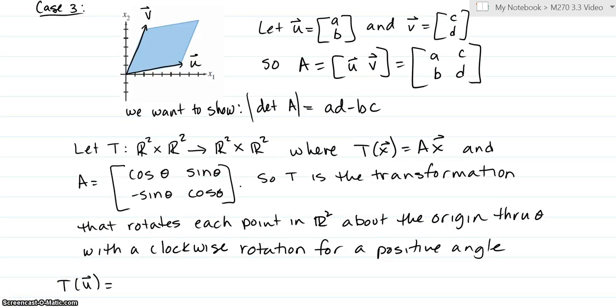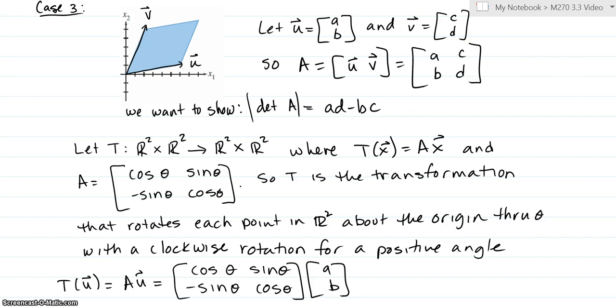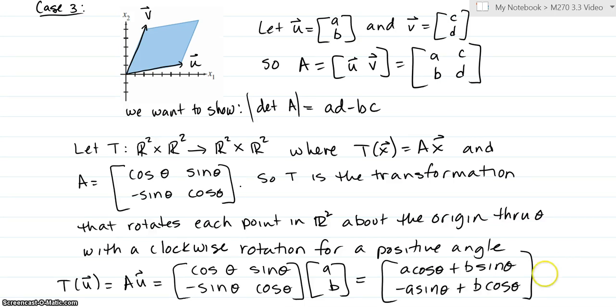So let's look at T of U, which we know is AU, which, by the way, A is this, and U was AB. And if you multiply that out, that would be equal. And let's call this U sub T, where U sub T is what we did: we rotated this by an angle of theta. I'll call that little angle in there theta, where you have U sub T sitting right at that x-axis.